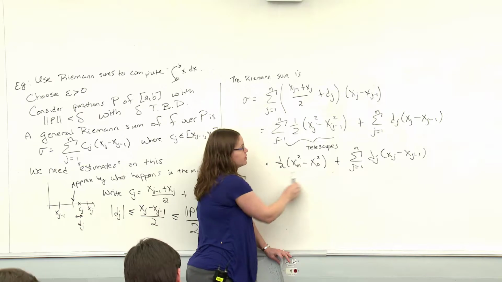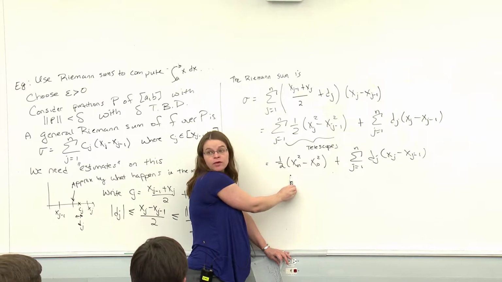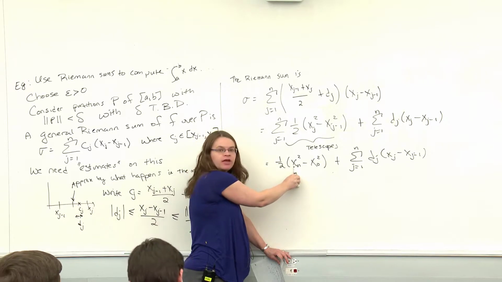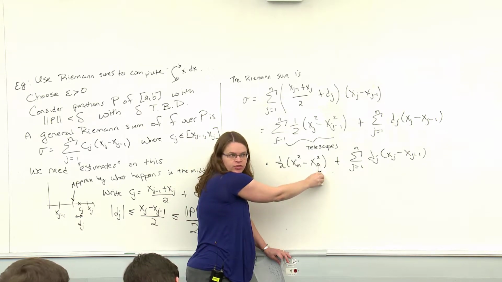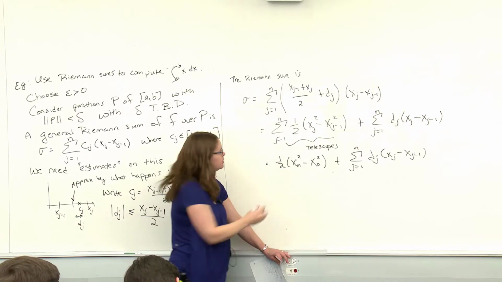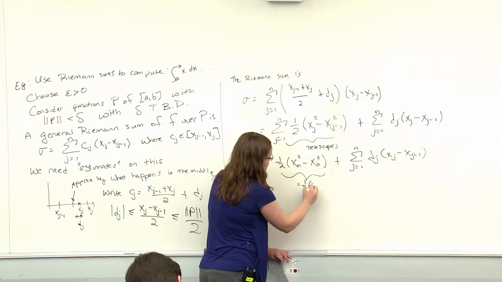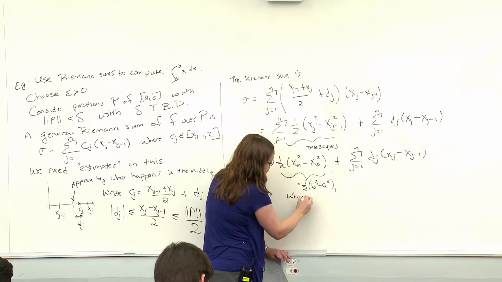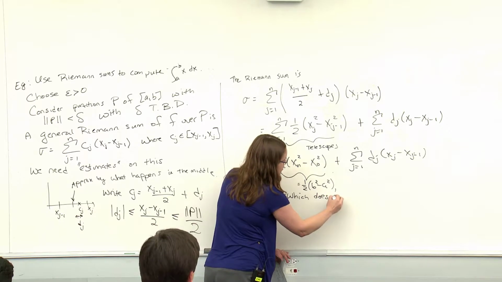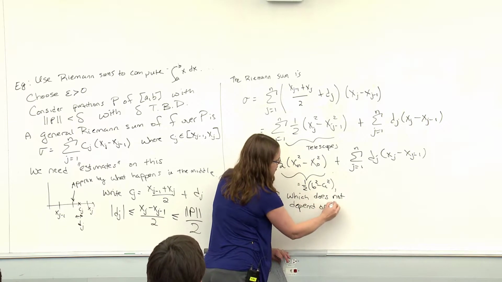All right. Does this number depend on my partition? No, it doesn't, because we always said xn is always b. It's always the right endpoint. X naught is always a. It's always the left endpoint. So this value here is equal to half b squared minus a squared, which does not depend on the partition.